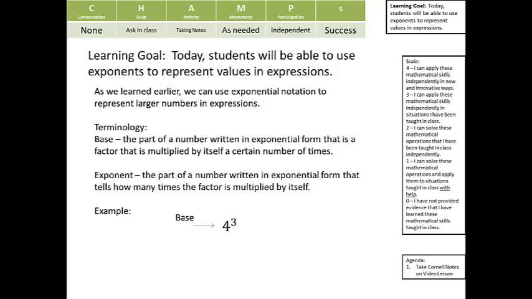So we're going to do 4 times 4 a certain number of times. How do we know how many times that is? We're going to look at the exponent to tell us how many times we're going to multiply the 4 by itself. Alright, so in this particular case, 4 to the third power, we would multiply 4 times 4 times 4. Okay, we're going to multiply 4 times itself 3 times.